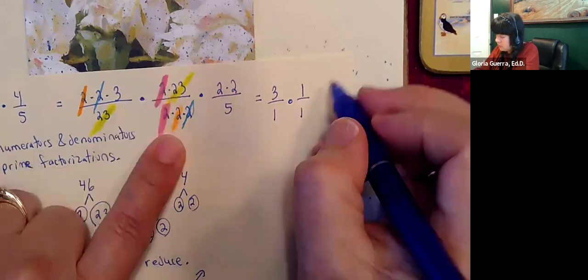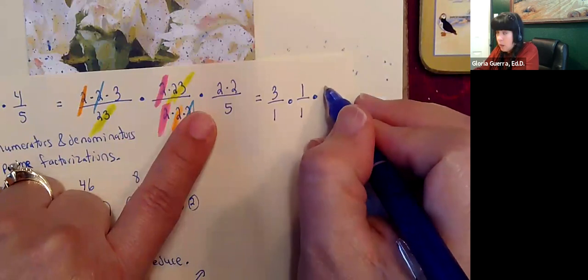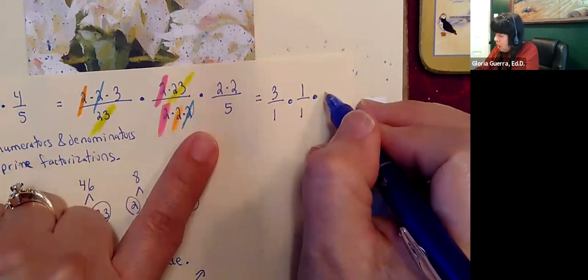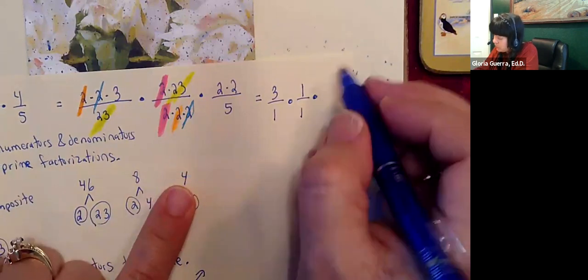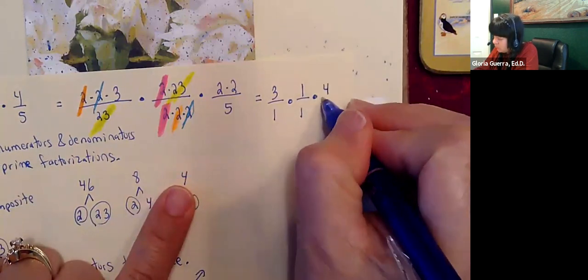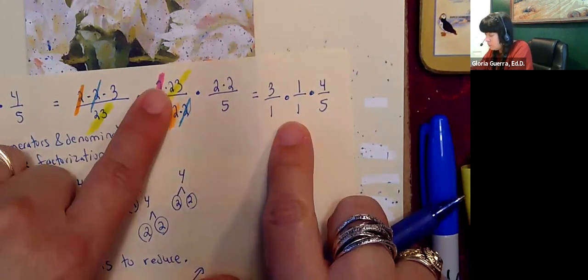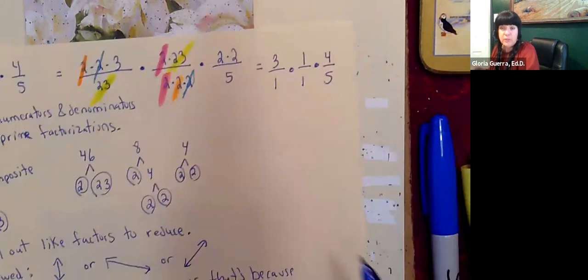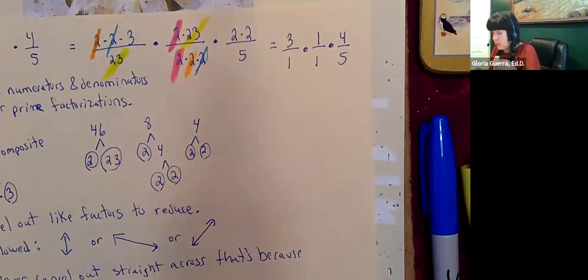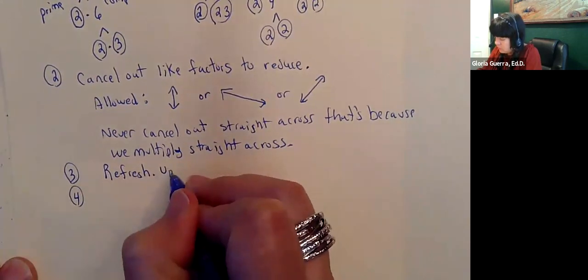And then 2 times 2 is 4. So you could go ahead and put 4 over 5. So you have 3 over 1, 1 over 1, and this is really 4 over 5. So you refresh that page, update it. And now you can multiply straight across.